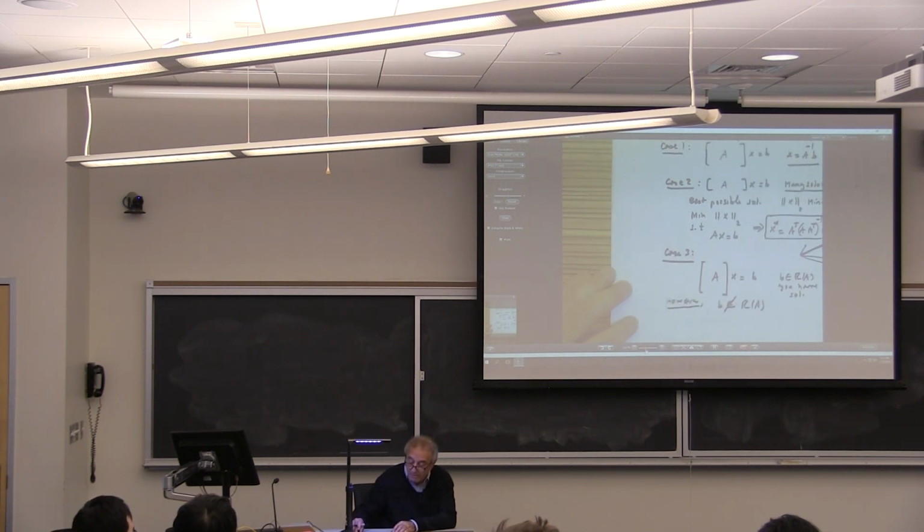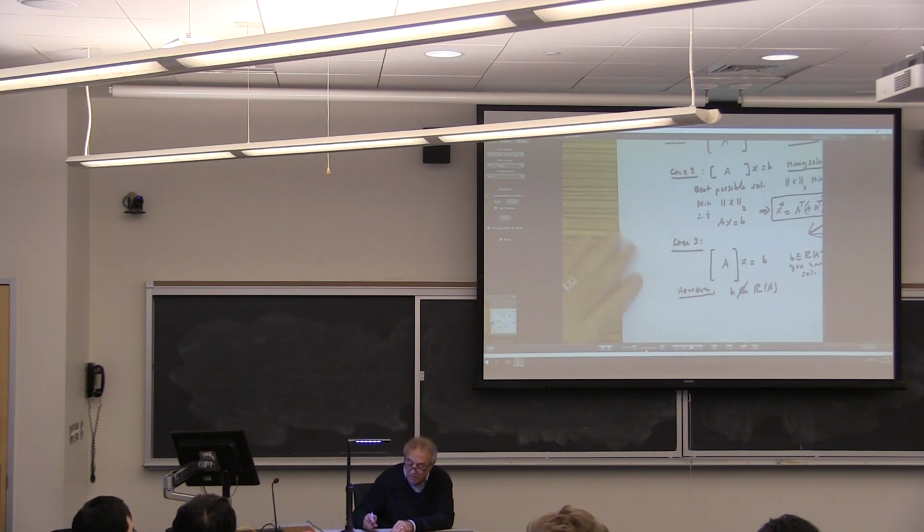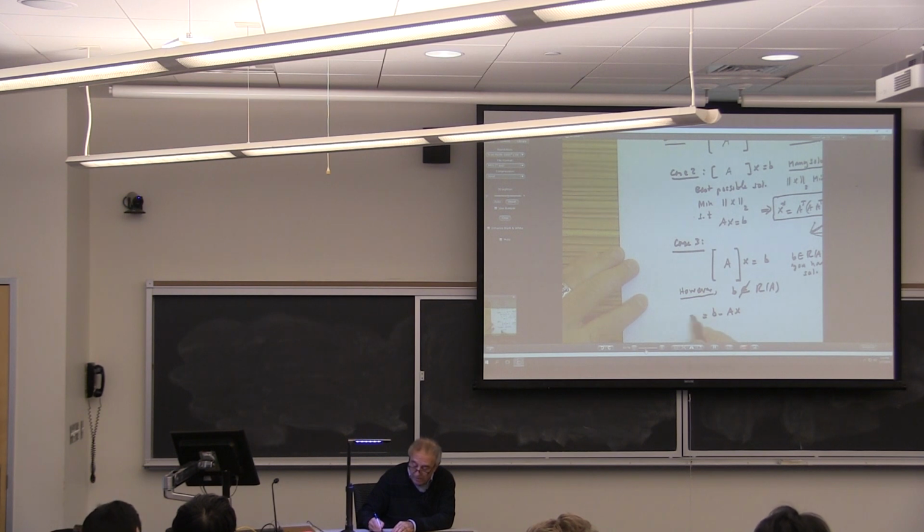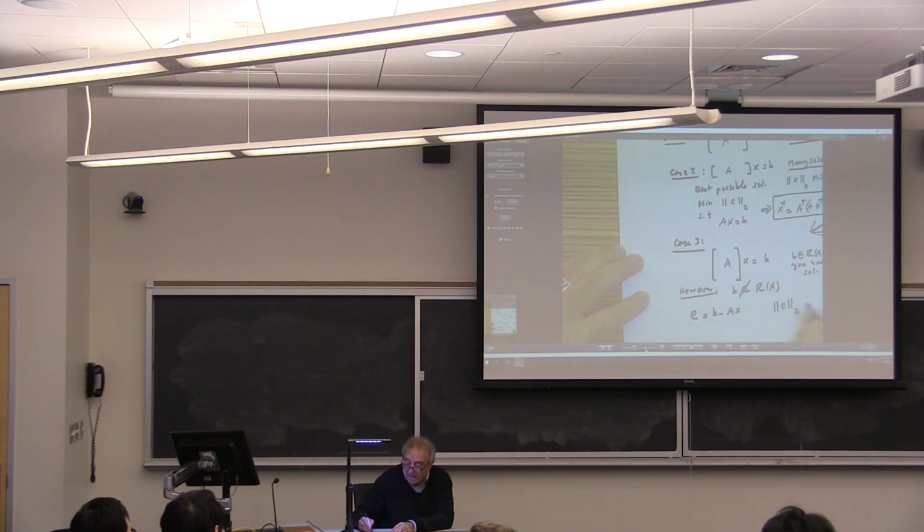For that reason, people come up with this idea: how about if I take B minus AX, call that the error, and solve an optimization problem minimizing this error. So you take the 2 norm of the error. Minimizing the 2 norm of the error or its square is almost the same.